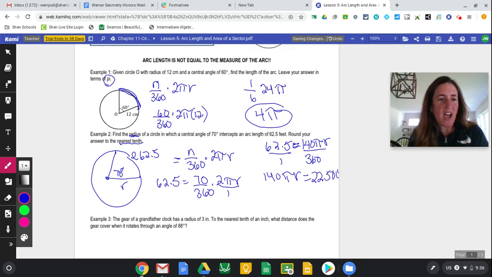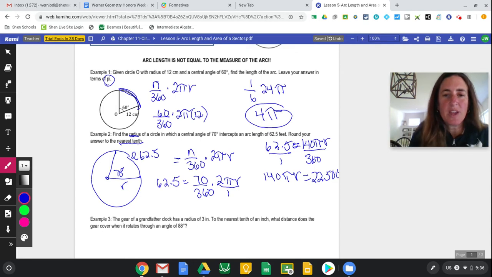Now, I'm going to divide all of that by 140 pi. So I have a radius of 51.569 and so on. So my radius is 51.6 to the nearest tenth.